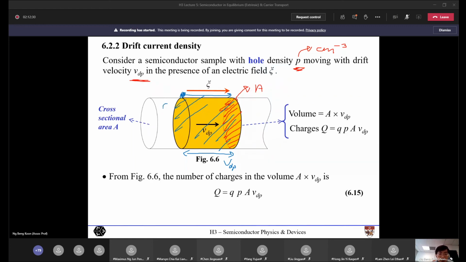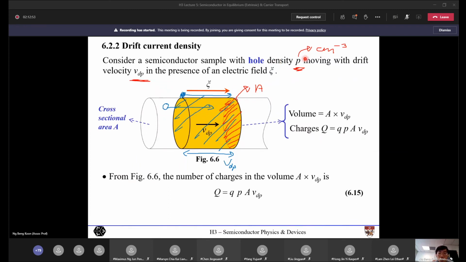Anything outside this distance of VdP, in 1 second, will not reach the cross-sectional area. So this hole will not contribute to current. Whatever charge is within this volume and crosses the cross-sectional area A will contribute to current.